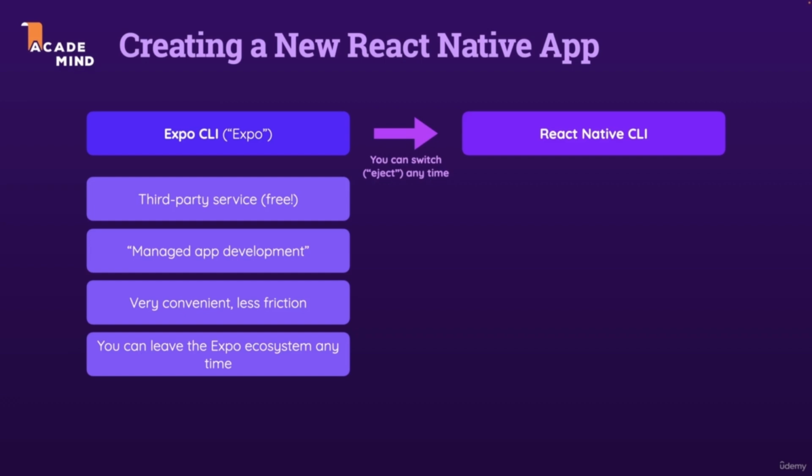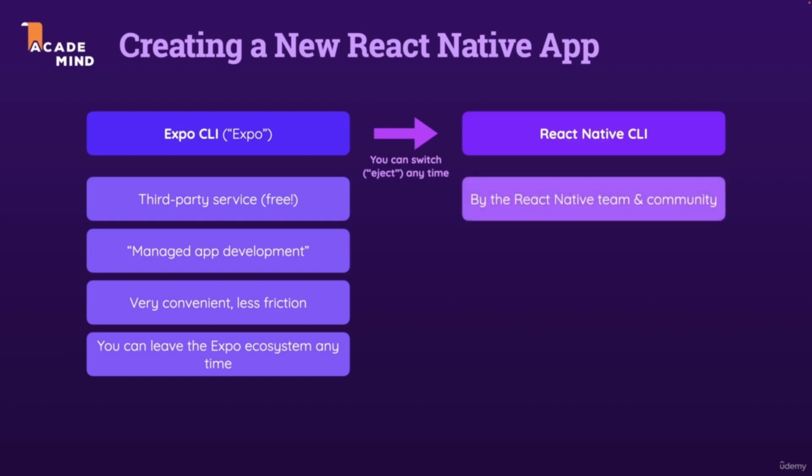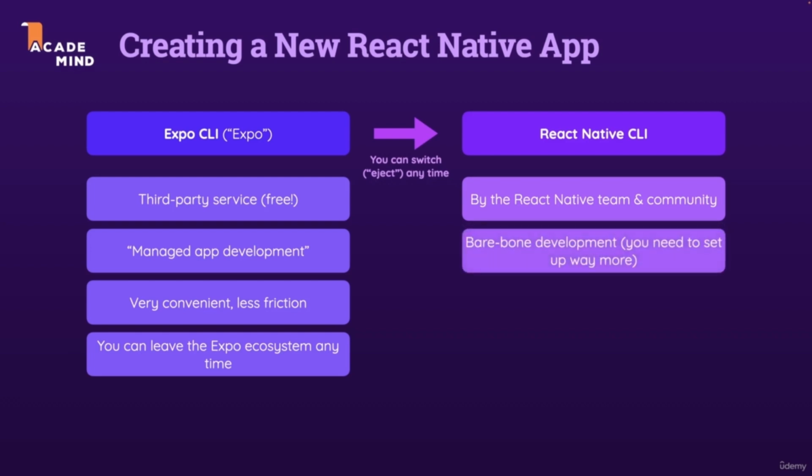Well, because it existed before we had Expo, because this is the tool provided by the React Native team and the community around React Native. It gives you a bare bone React Native development setup, which means you will need to do more configuration and setup work on your own.